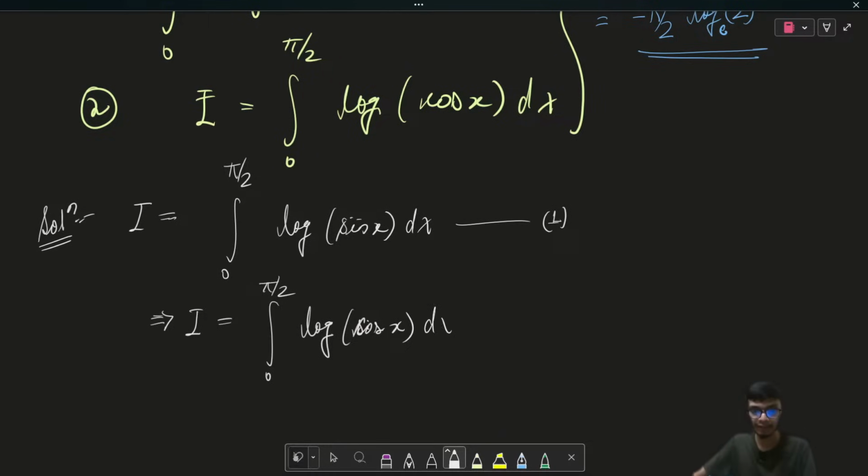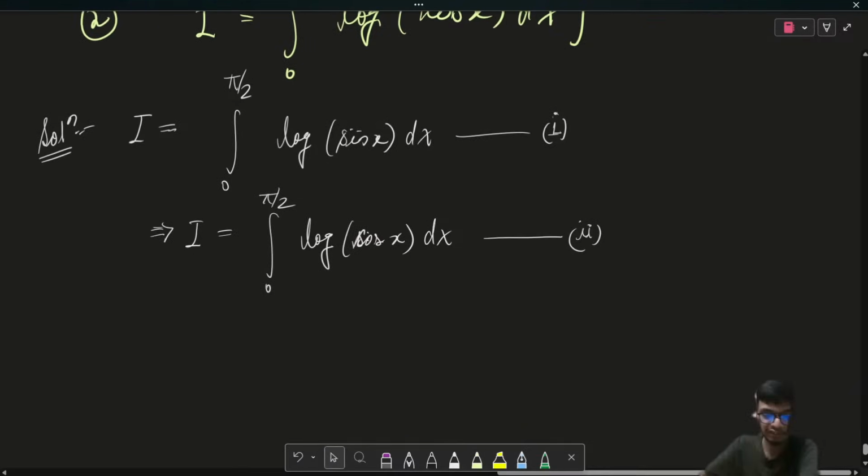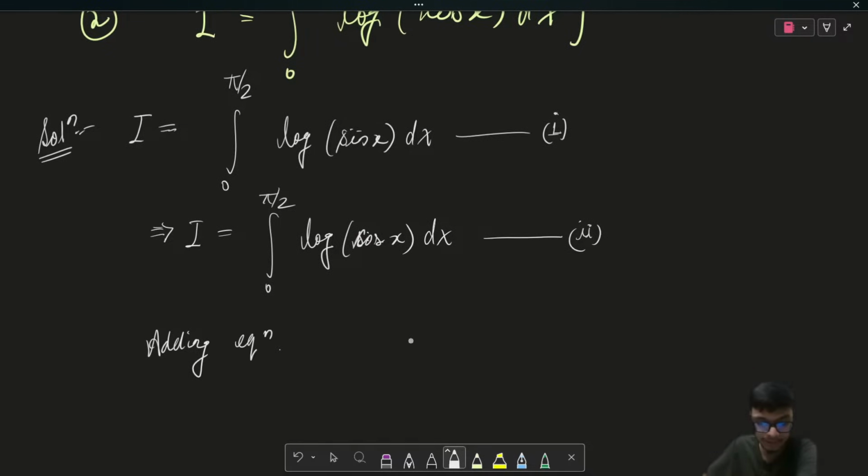Let us call this the second equation. What I'm going to do is simply add the first equation and the second equation.